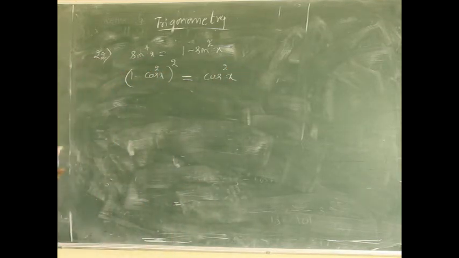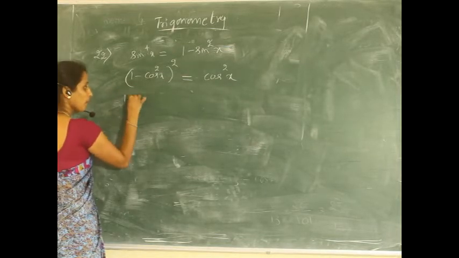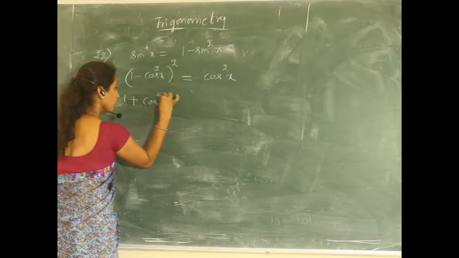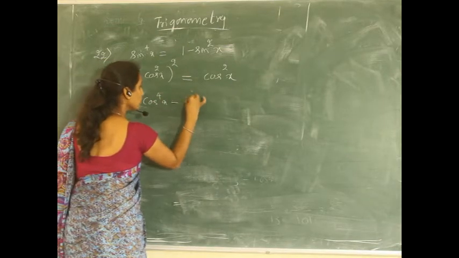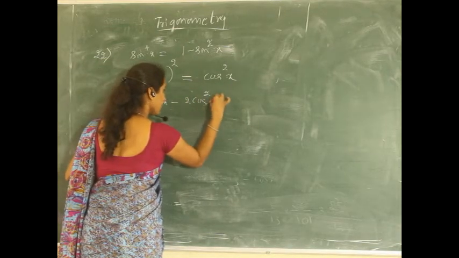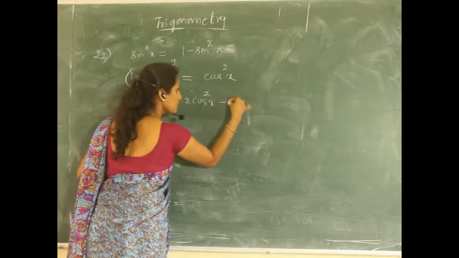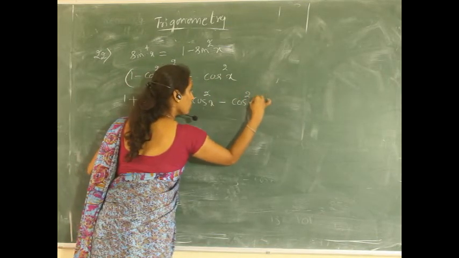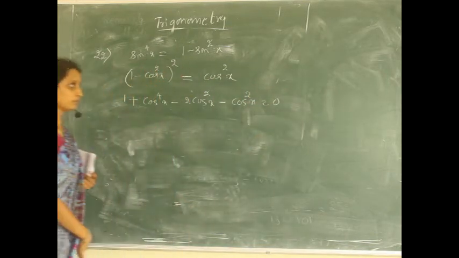Now expand: 1 plus cos power 4x minus 2 cos square x is equal to cos square x, or minus cos square x equal to 0.